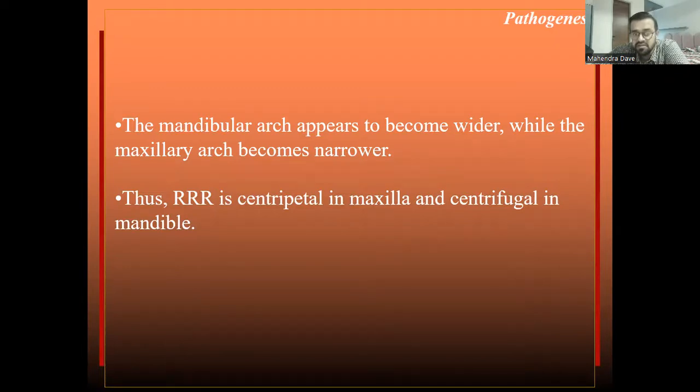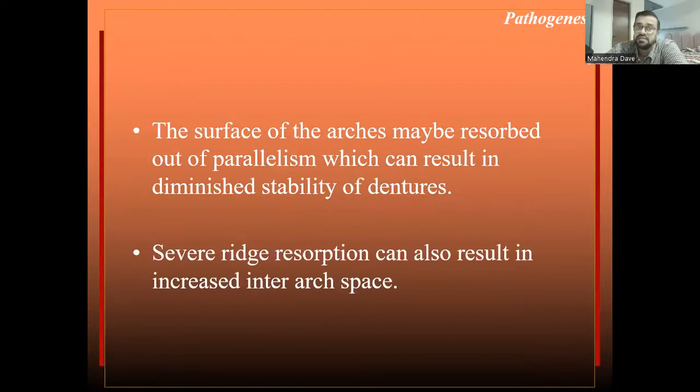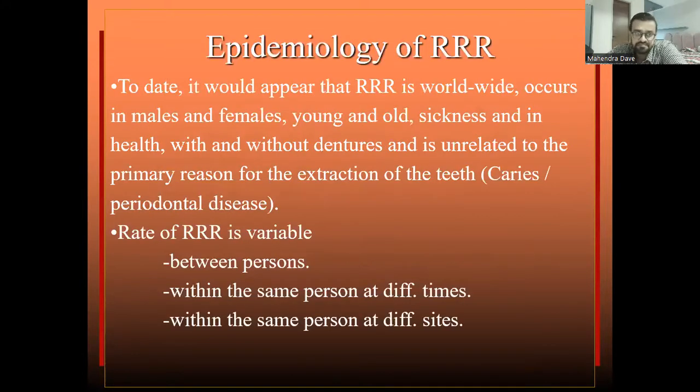Thus, residual ridge resorption is centripetal in the maxilla and centrifugal in the mandible. The surfaces of the arches may be resorbed out of parallelism, which can result in diminished stability of dentures. Severe ridge resorption can also result in increased inter-arch spaces.